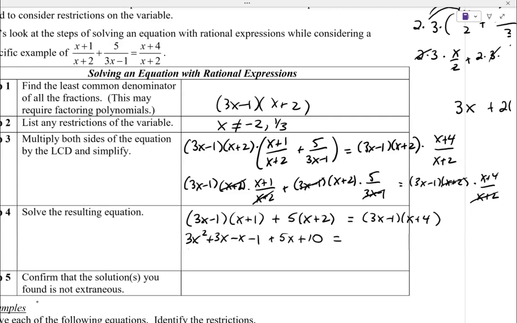How about on the right-hand side? What do you get when you multiply out the right-hand side?